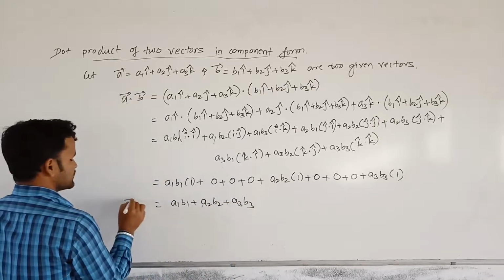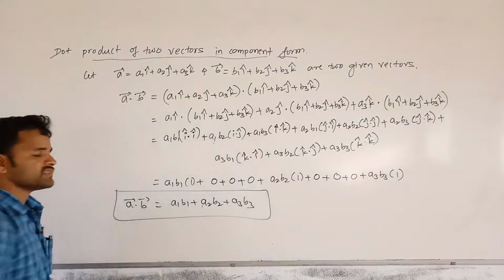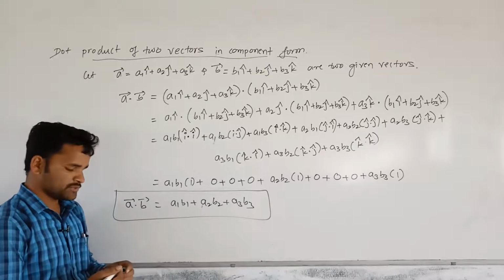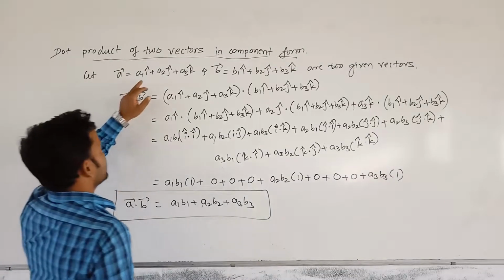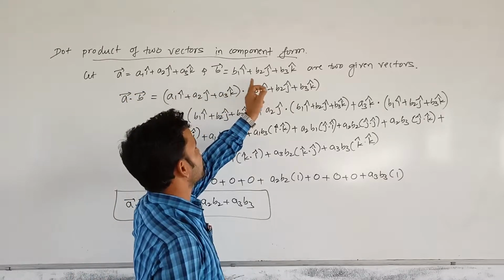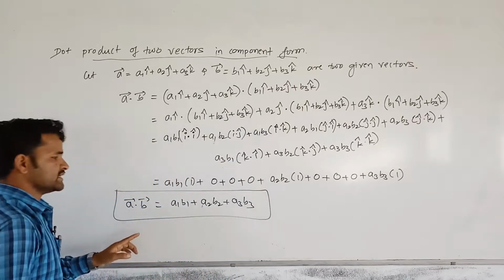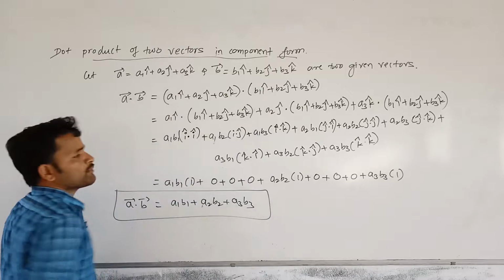What is this? A dot B is equal to A1 B1 plus A2 B2 plus A3 B3, where vector A is A1i plus A2j plus A3k and vector B is B1i plus B2j plus B3k. What is happening here? You just have to see that they are multiplying the corresponding components.